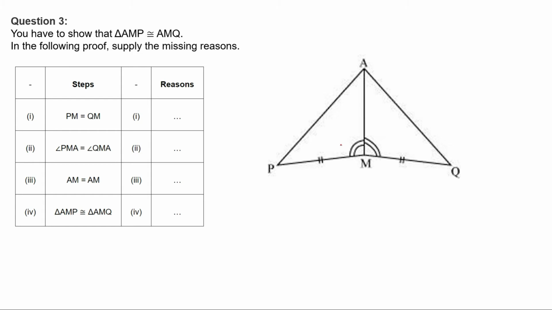We need to give the reason. Which is triangle AMP? This is the triangle AMP, the left-hand side triangle. And AMQ is the right side triangle.